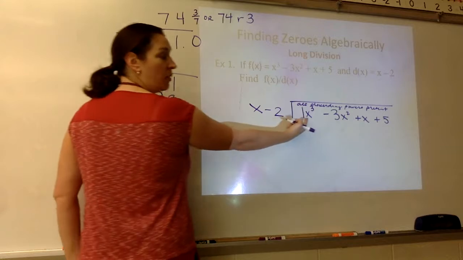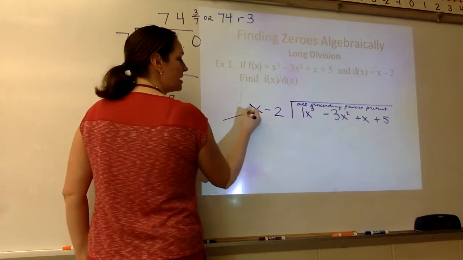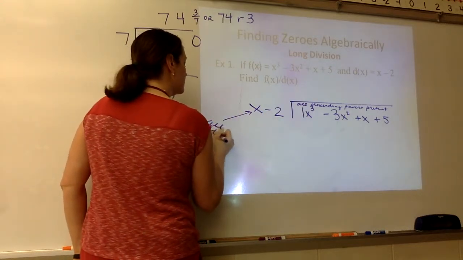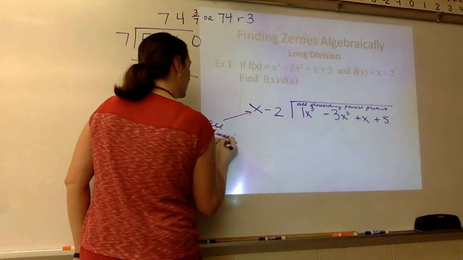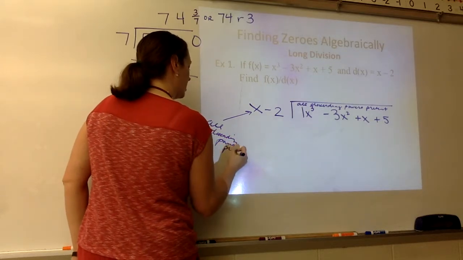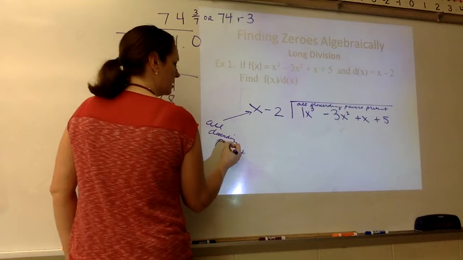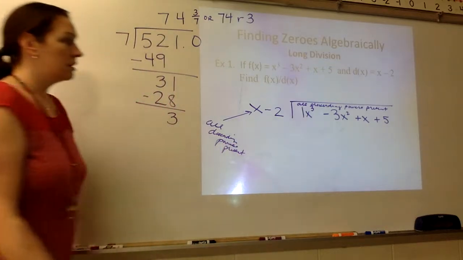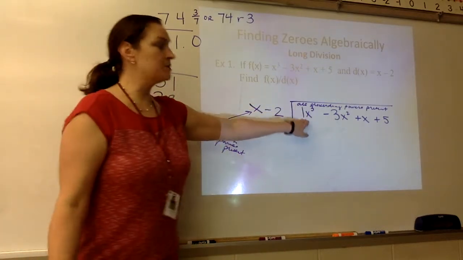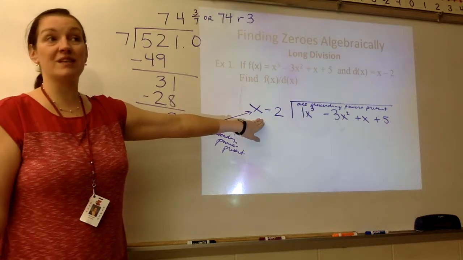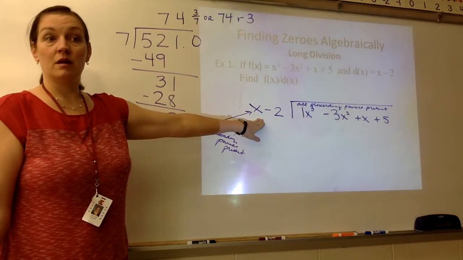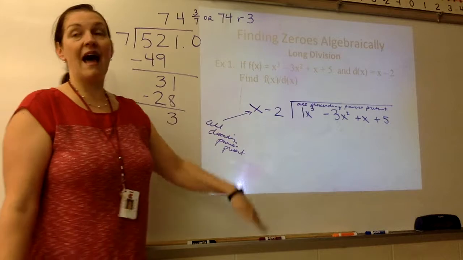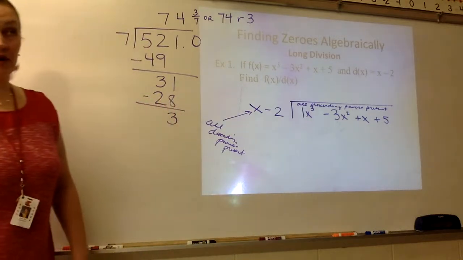I don't need to go all the way up to 3, but I also must have all descending powers present. All descending powers present here, all descending powers present here. You must have that, or it's not going to work out for you.